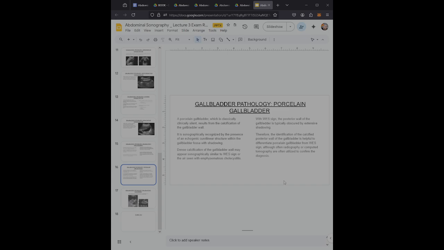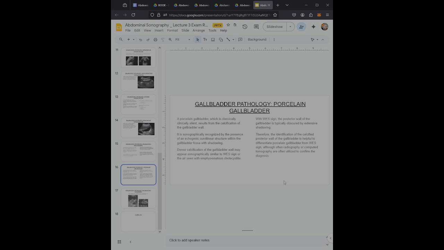So gallstones are linked with a porcelain gallbladder, and patients would have calcification of the gallbladder wall. There may be a curvilinear structure within the gallbladder fossa with shadowing. There's identification of a calcified posterior wall of the gallbladder. There's a porcelain gallbladder with a wall echo shadow sign, and signs of cholecystitis or gallstones may be present.